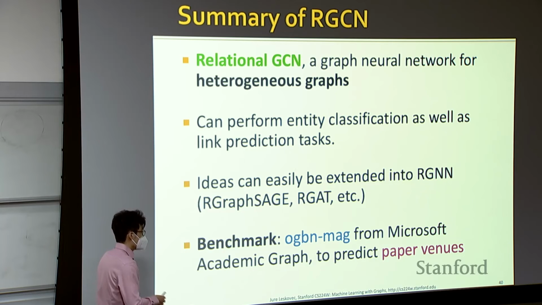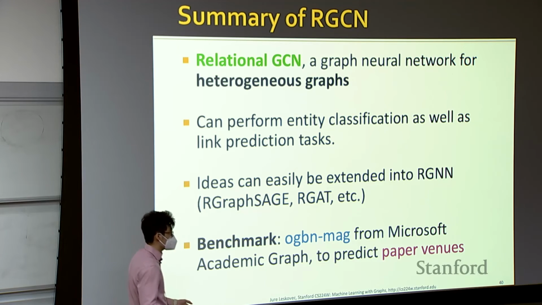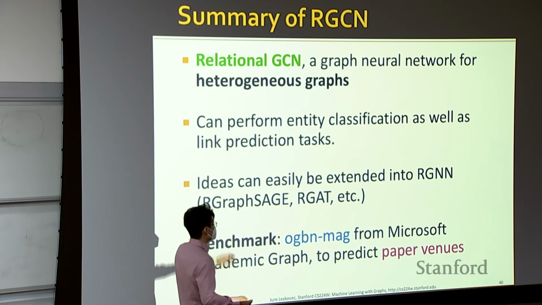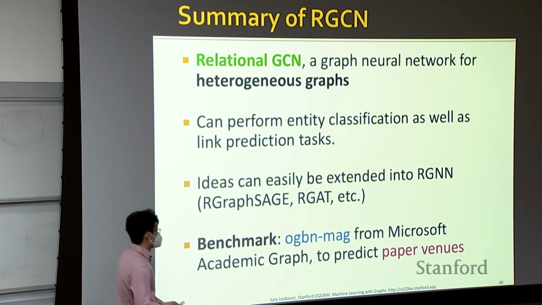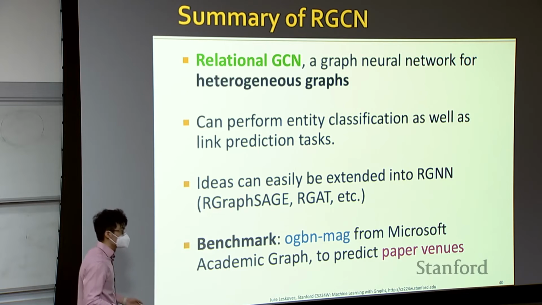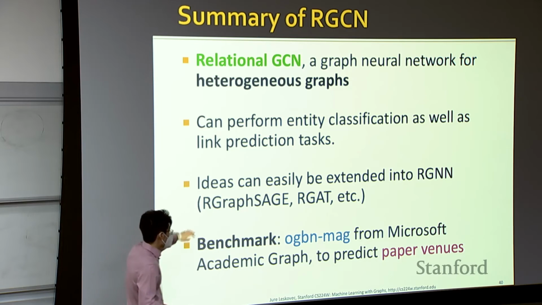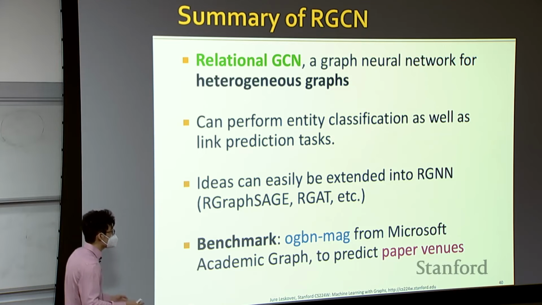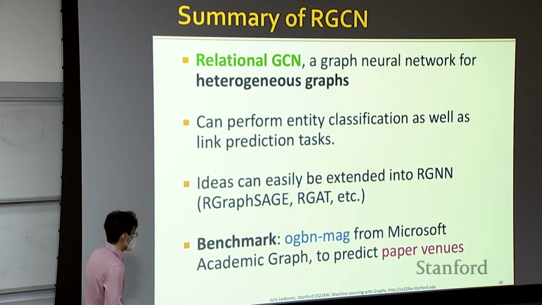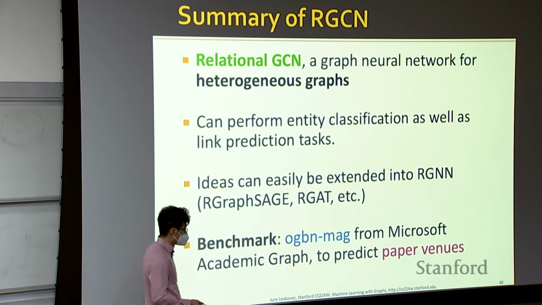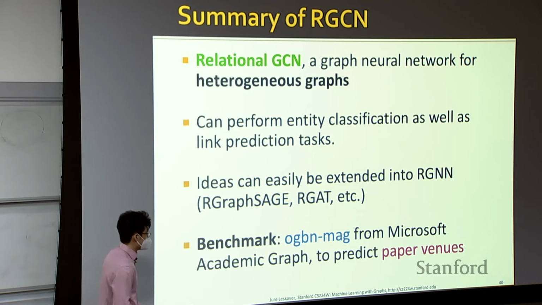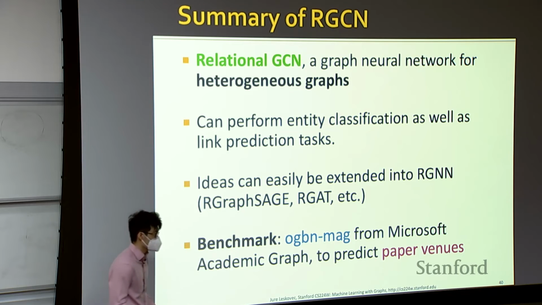We can apply this to all the tasks we have seen for homogeneous graphs as well, including node classification and link prediction. And this idea can also be extended to other types of GNN. So we can apply the same idea to extend to GraphSAGE, to GAT, etc. And we particularly, like I mentioned, covered the most widely used benchmark for heterogeneous graphs and how it can be used in practice.